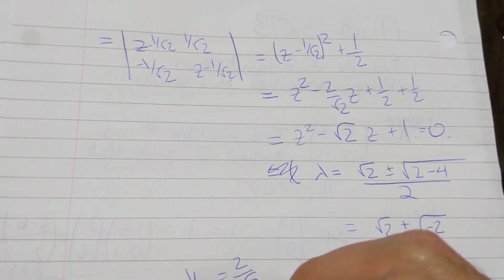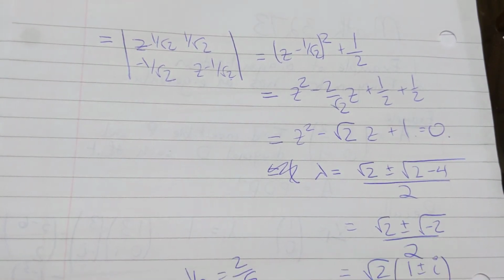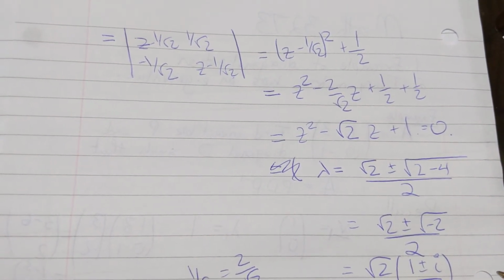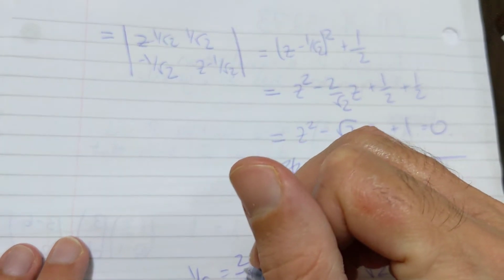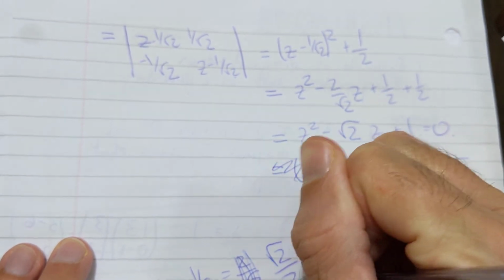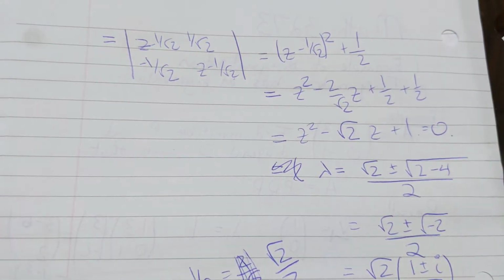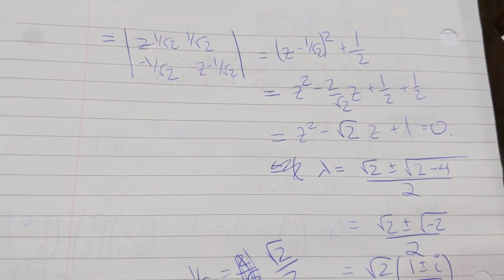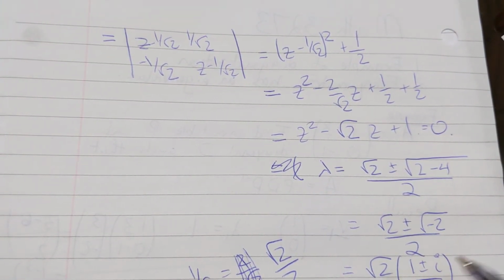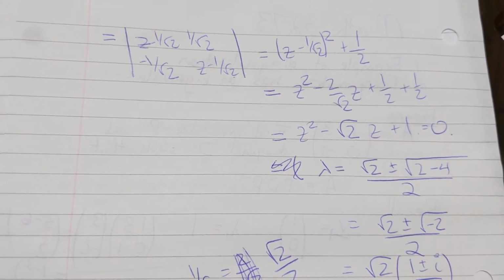We're going to rewrite the entries. Remember, Q is 1 over root 2, 1 over root 2, -1 over root 2, 1 over root 2, and we're going to write 1 over root 2 as root 2 over 2. Same thing, just multiply top and bottom by root 2. Now we look at Q minus our first eigenvalue times the identity and try to row reduce.